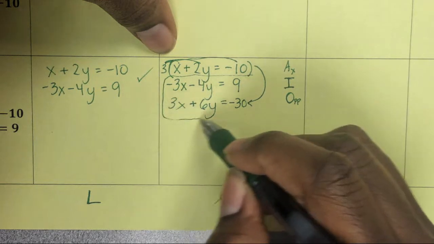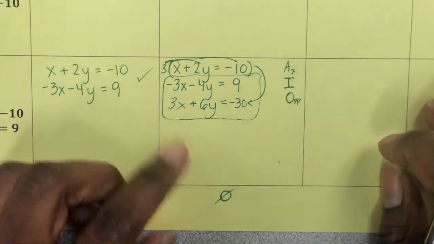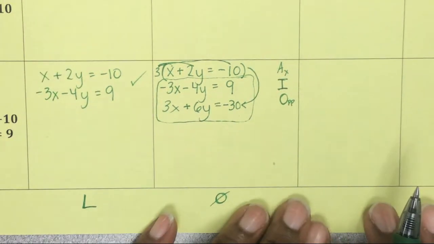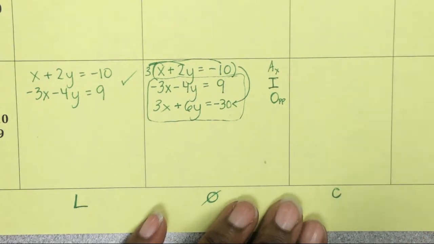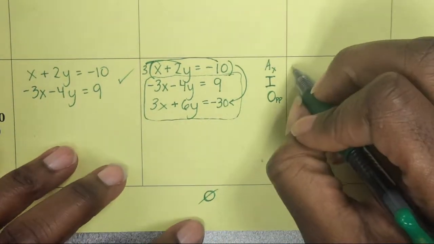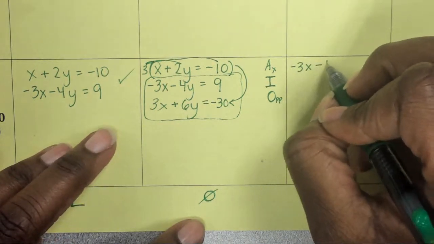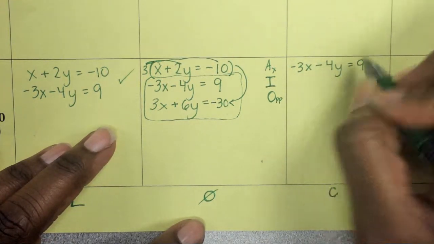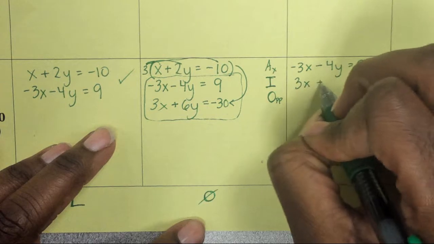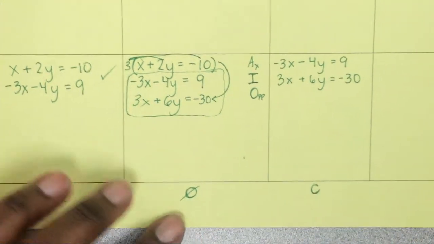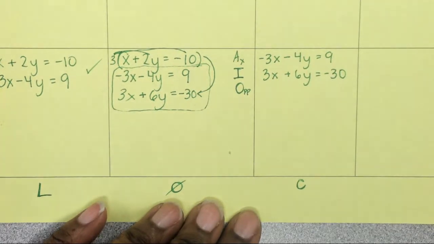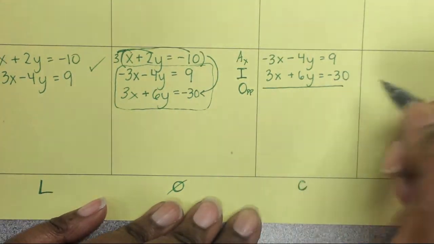So now this is my system. C stands for let's combine them, and that's where our 0 pair is going to eliminate. So I'm going to rewrite it here so we can eliminate the 0 pair. Which is the 0 pair?